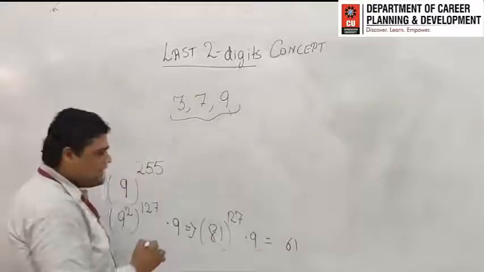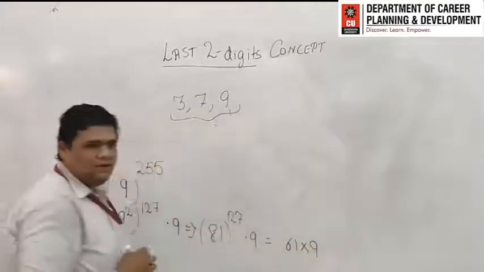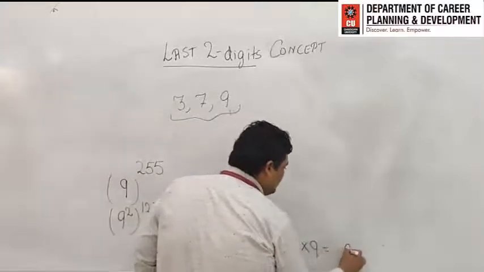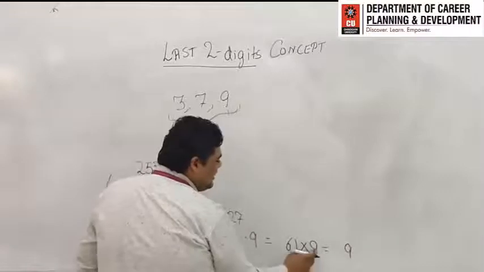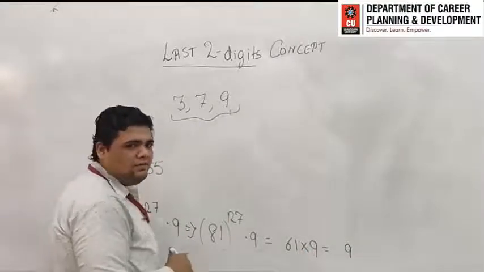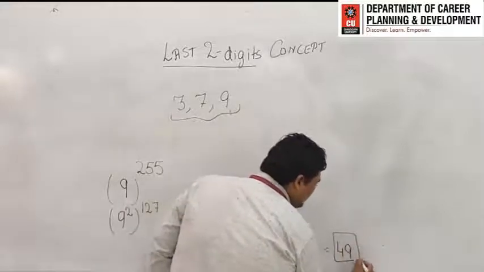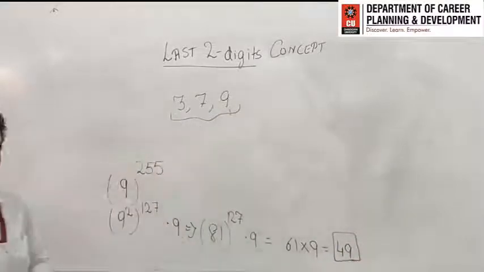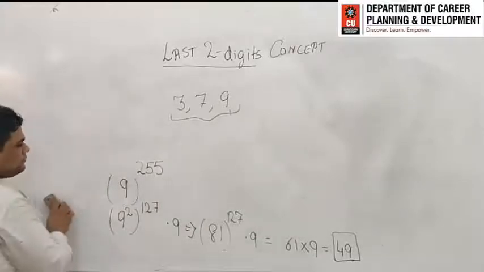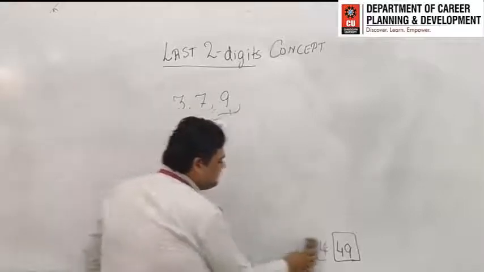It will be 6. So multiply 61 by 9. The value will come out to be 9, and 9 multiplied by 6 will be 54. We just use 4. This will be the last 2 digits. Last 2 digits will be 49.